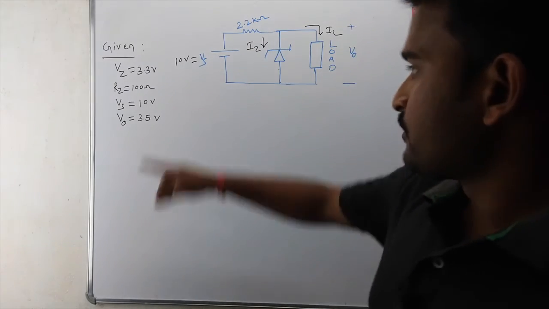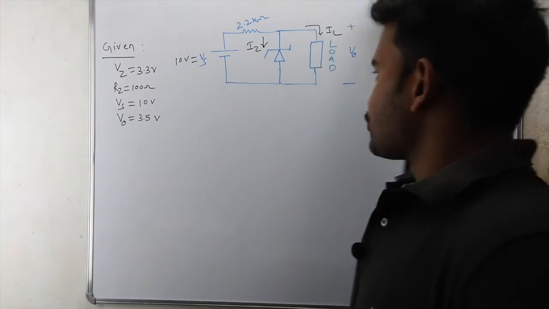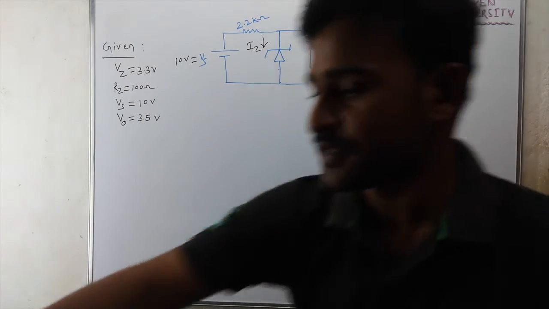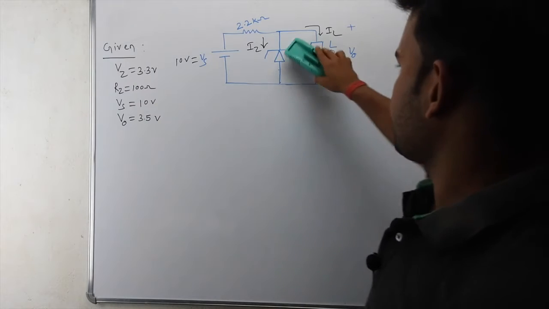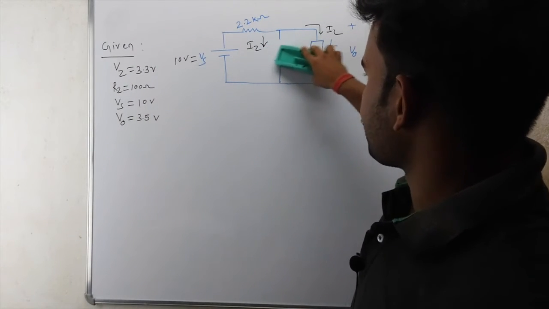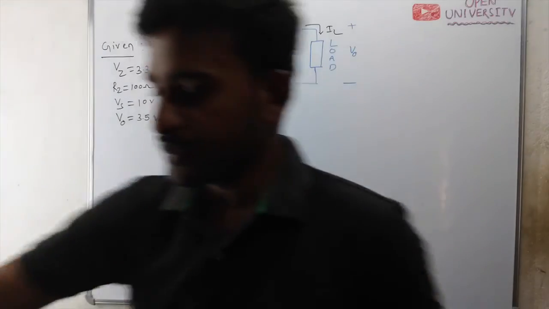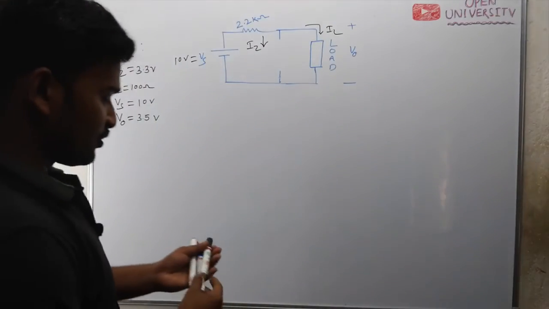Now since the value of Rz is considered, we will replace our Zener diode with a series combination of Rz and Vz. Draw the equivalent circuit by replacing your Zener diode with a series combination of Rz and Vz, since the Rz value is given, so you need to consider the value of Rz.